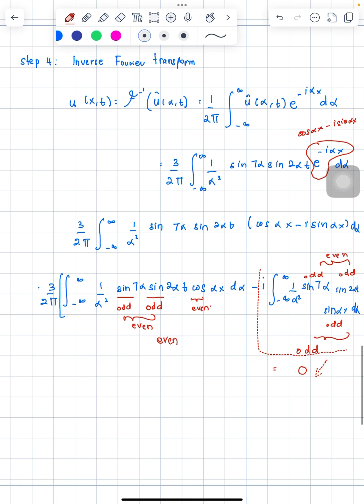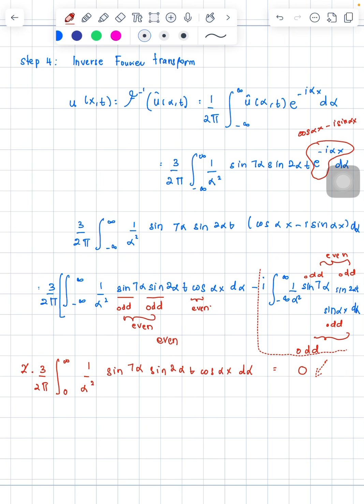But here we have even, so 3 over 2 pi. Since it's even, we can consider only the positive part, so 0 to infinity, and here we multiply with 2. 1 over alpha square sine 7 alpha sine 2 alpha t cos alpha x d alpha.